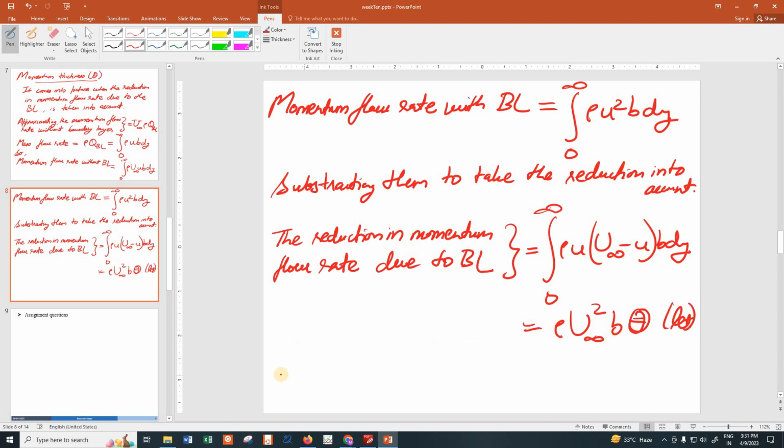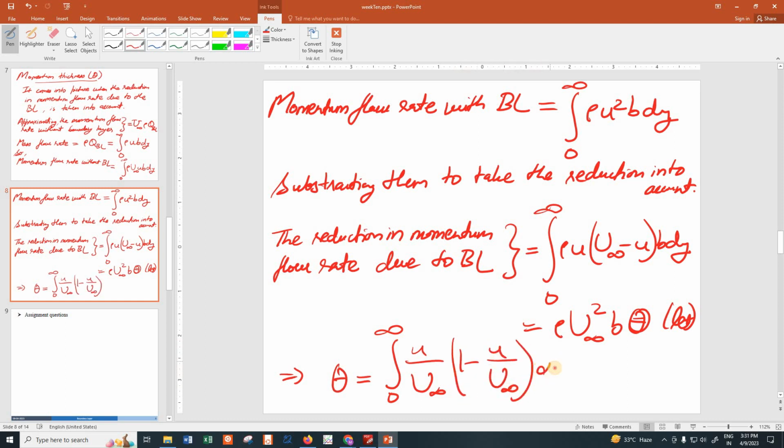So this implies the momentum thickness is the integral from 0 to infinity of u by u infinity times 1 minus u by u infinity dy. Now we can change the upper limit just like we did previously with the displacement thickness. So this will also be similar to that, basically till the boundary layer thickness. So this will give you your momentum thickness.